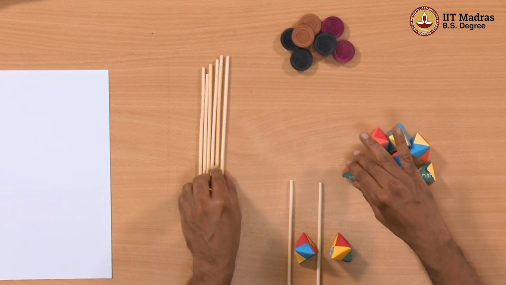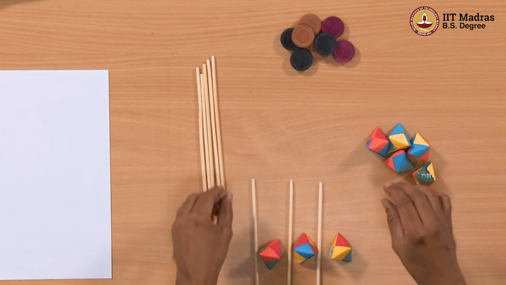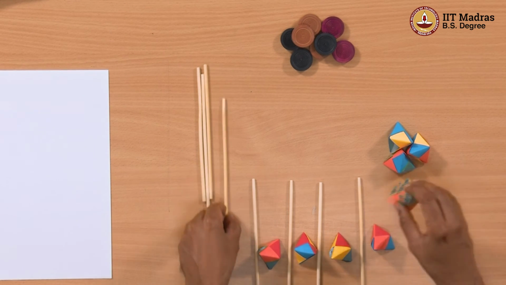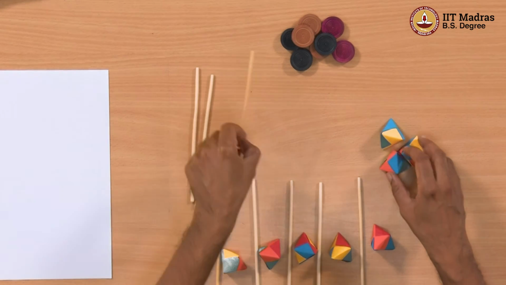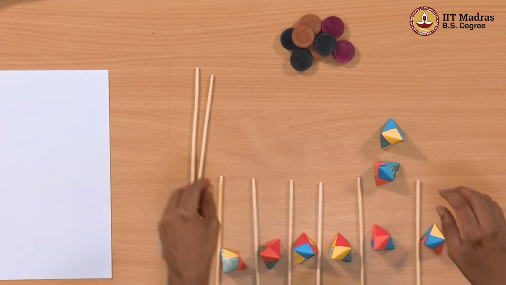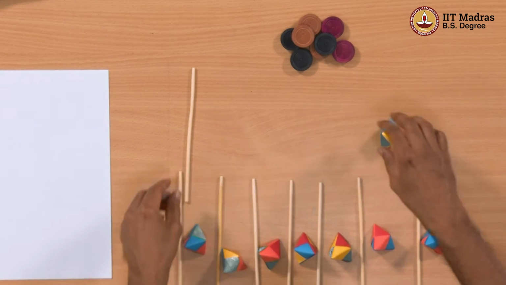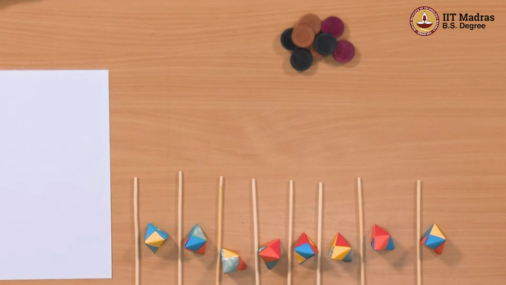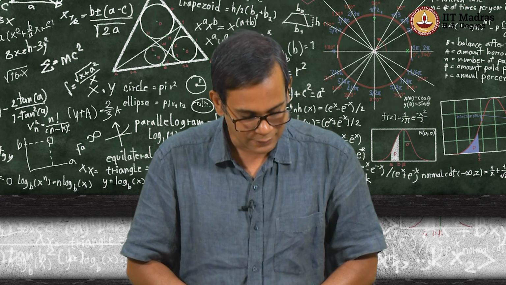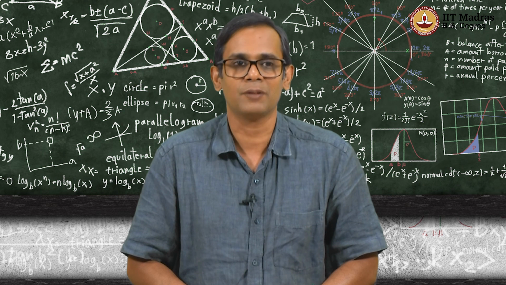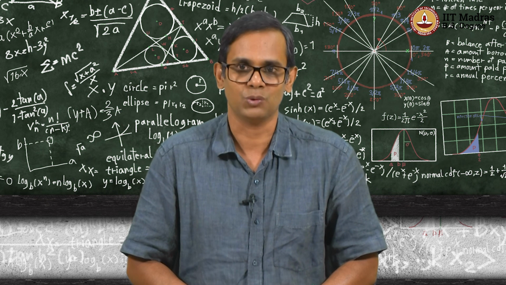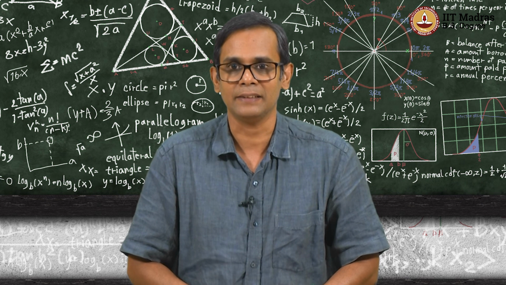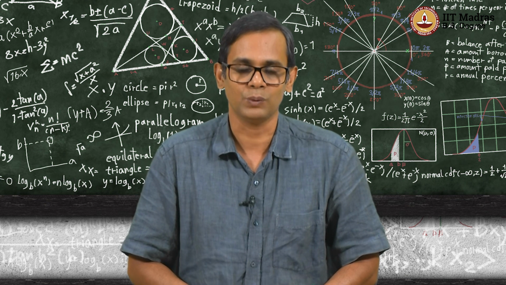I would take another stick, pair it up with another jewel, another stick, pair it up with another jewel, and so on. Can I pair every stick with a jewel? You see, I have paired each stick with a jewel, and this is essentially a bijection from the set of sticks to the set of jewels.